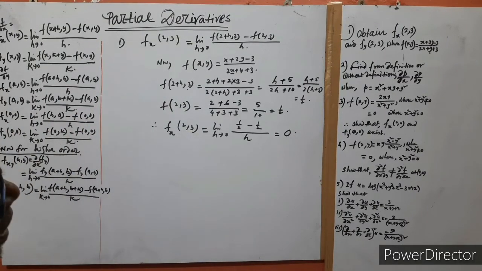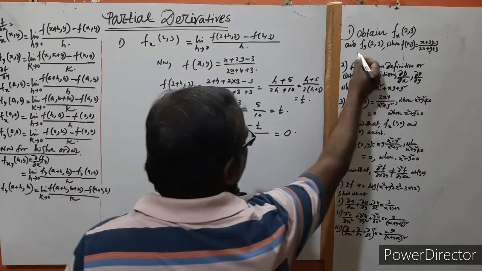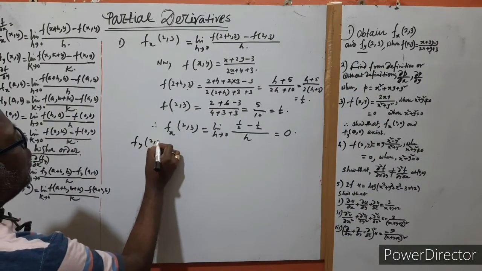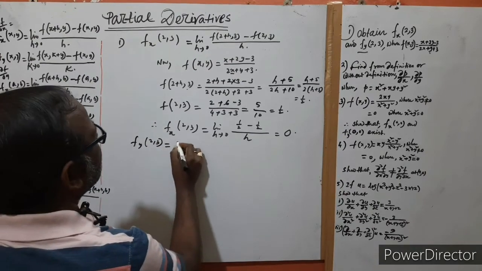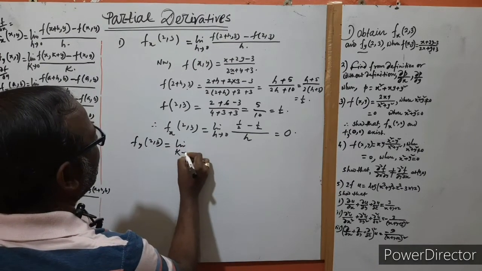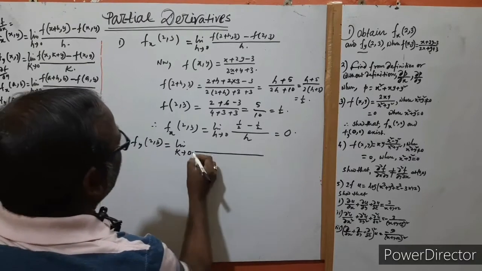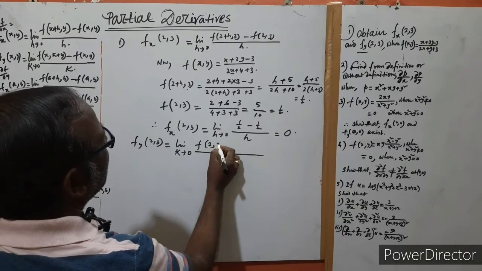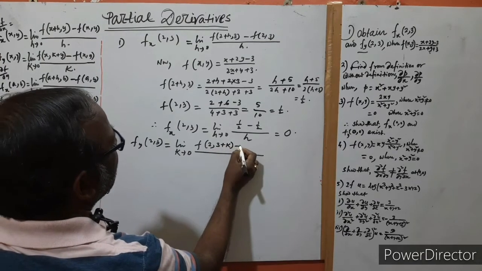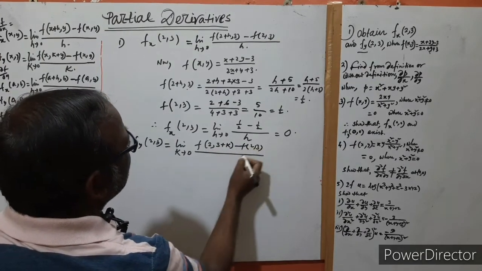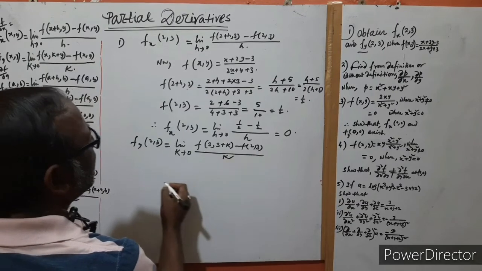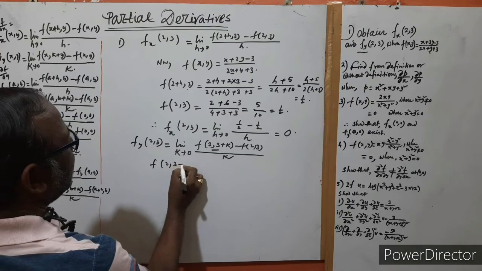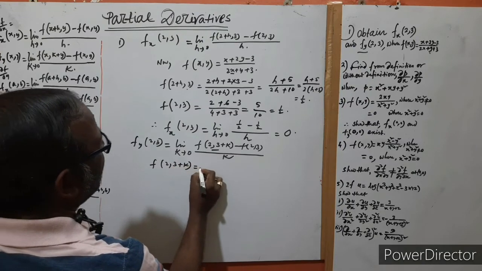In case of y, now find f_y at (2, 3). This is the limit as k tends to 0 of [f(2, 3+k) - f(2, 3)] / k. Now find this function f(2, 3+k).